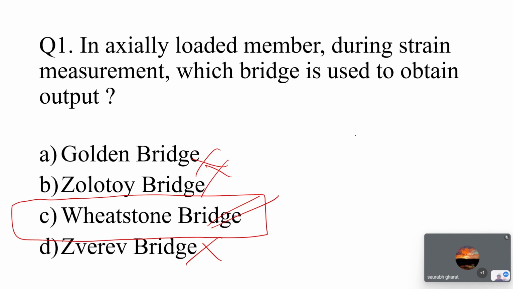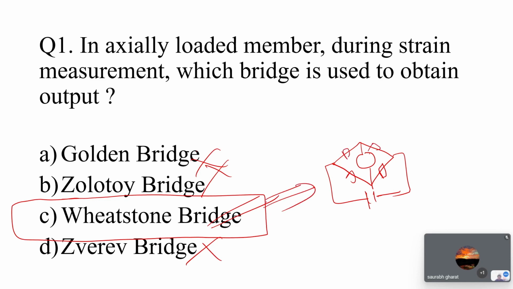You know, like this it is connected. Here we have an output voltage, and here we have a battery, plus and minus. Here we have resistors. This is how it is arranged to get the axial strain measurement.